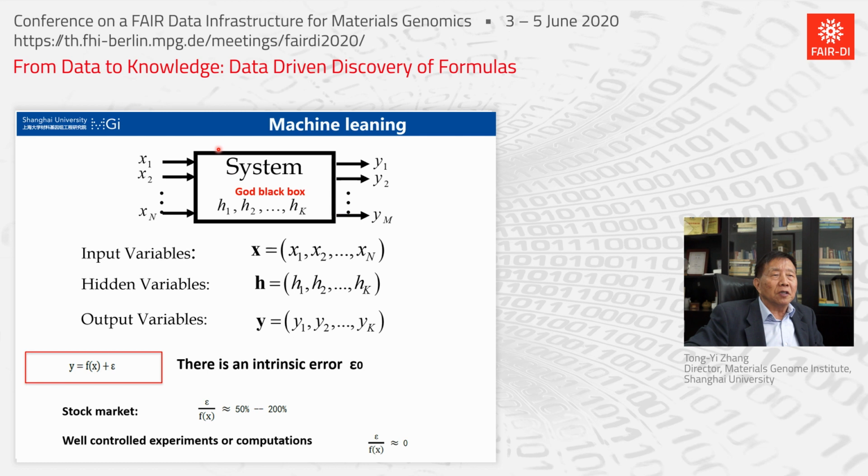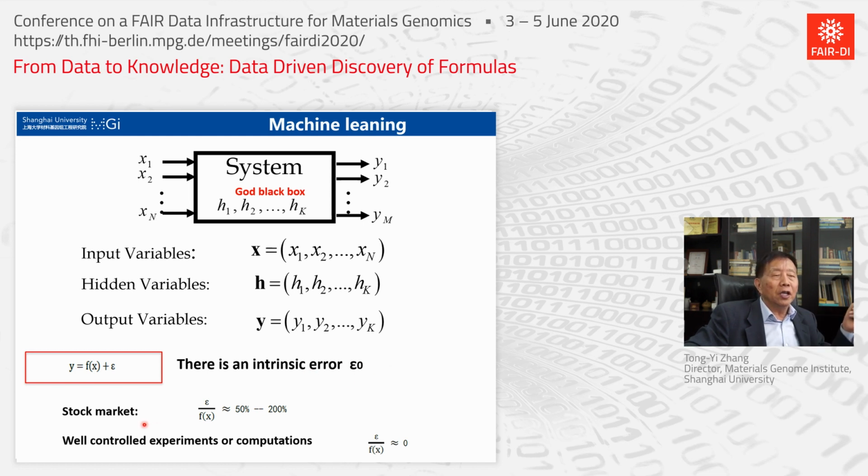Now the system in machine learning is treated like a black box, because the information is not sufficient, and inside we have a lot of unknown variables. Those unknown variables will cause an intrinsic error, and that intrinsic error could be very, very large.